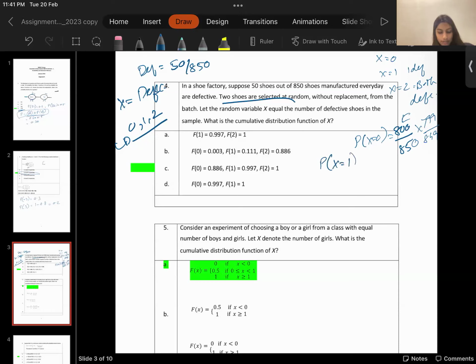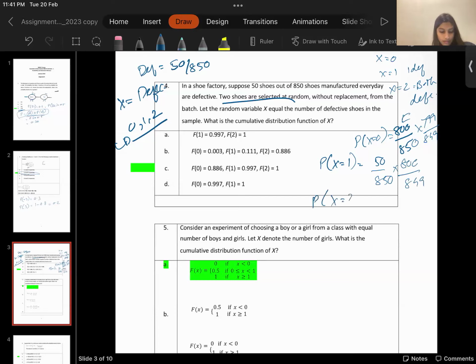And the P of X is equal to 1 would be the probability of selecting one defective shoe and one non-defective shoe. So one defective shoe is like 50 by 850 times again 800 divided by 849.